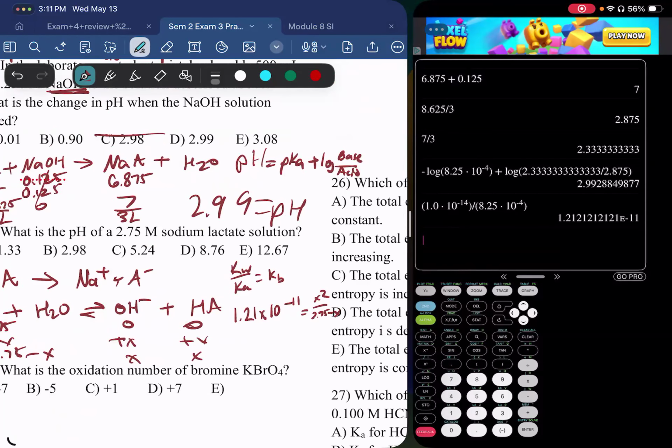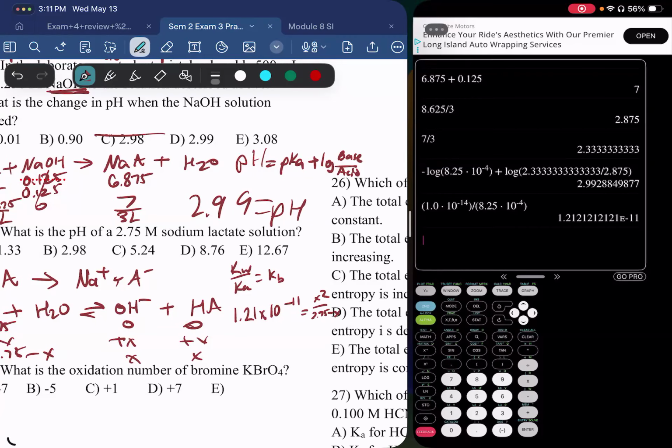So let me get my calculator out. So x squared over 2.75 minus x. Okay.